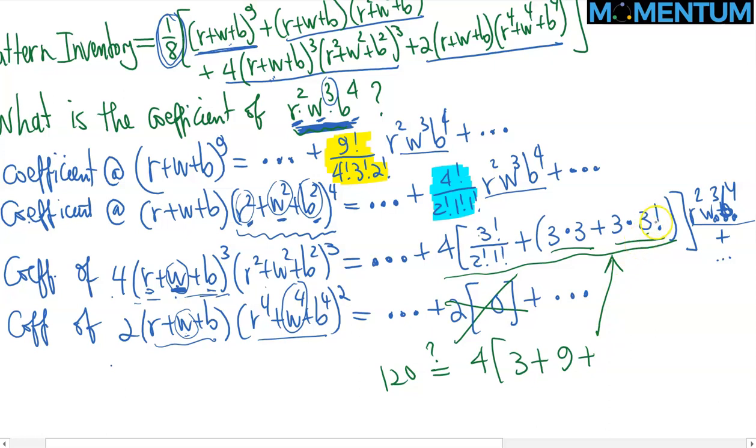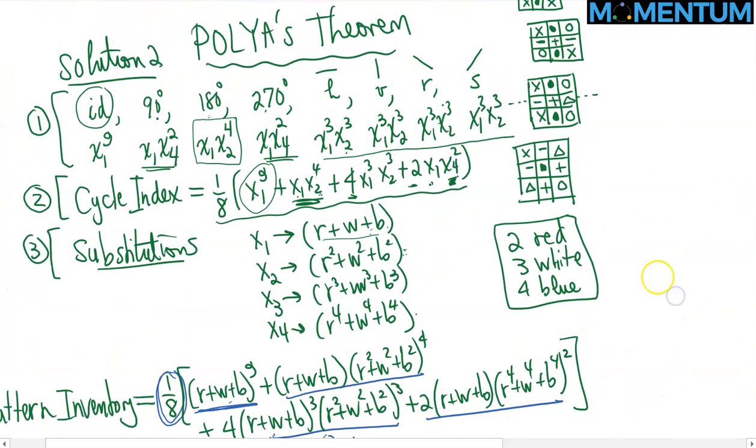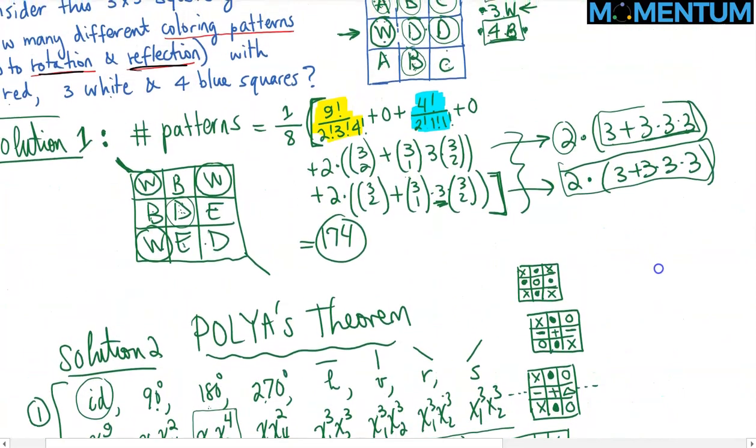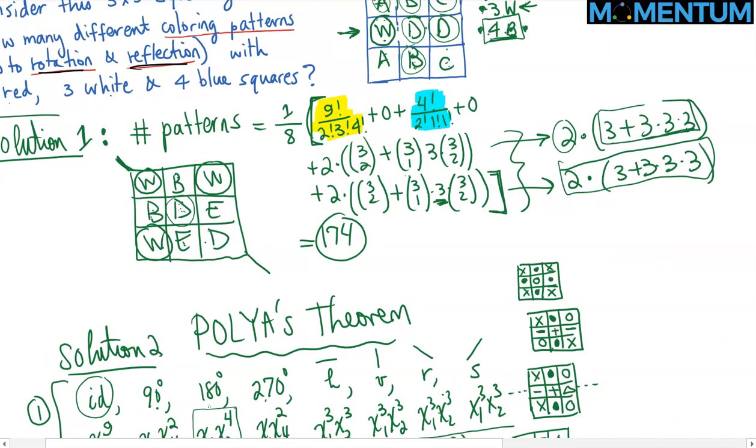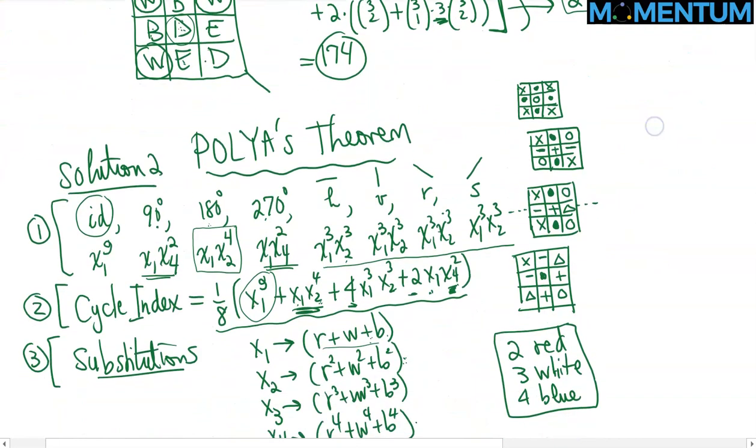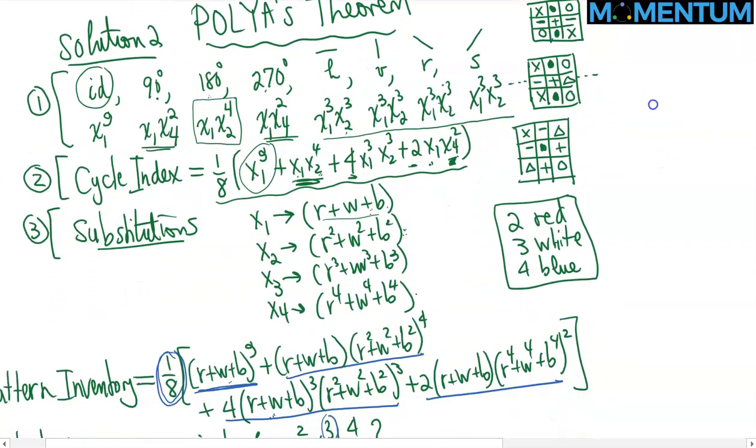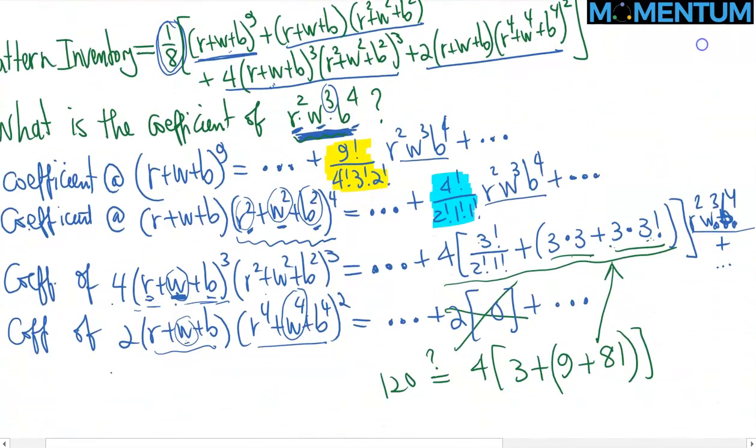Okay, so where did I mess up? Or maybe it does work. Hold on. 9, and then this one is 27 times 3, which is 81. Okay, we are way off. All right, let me double check my work again. How am I way off here? Let's check this.